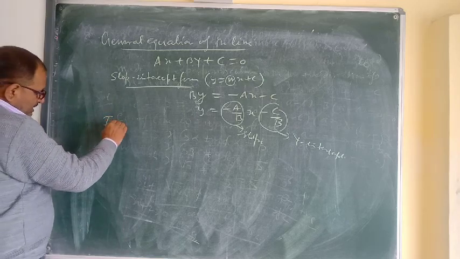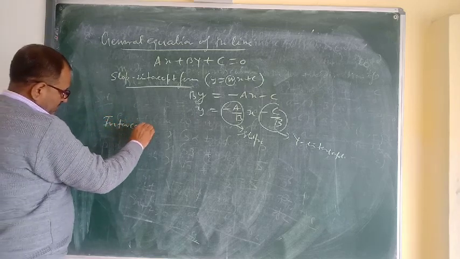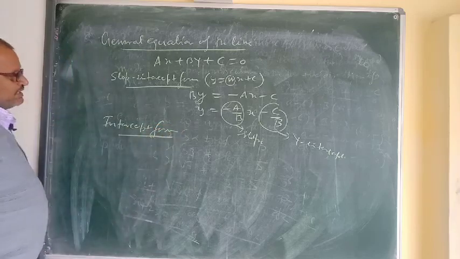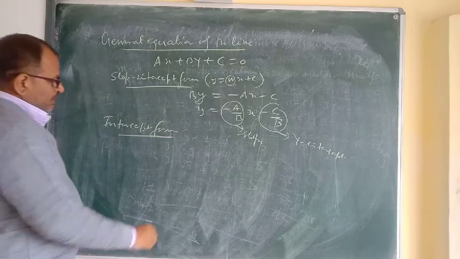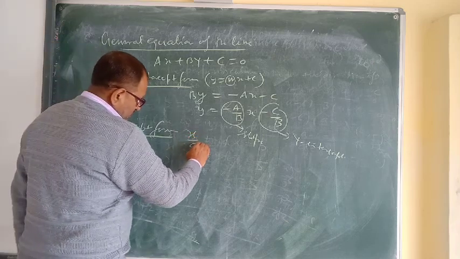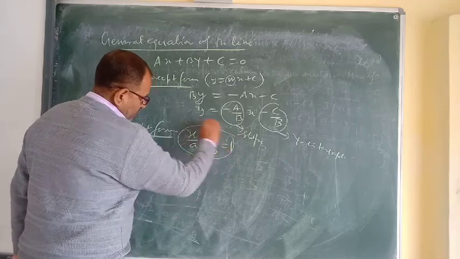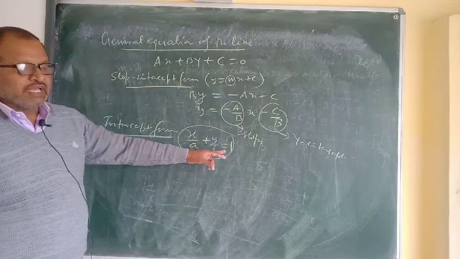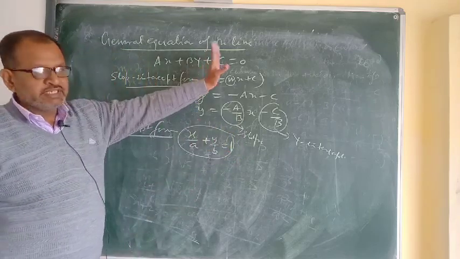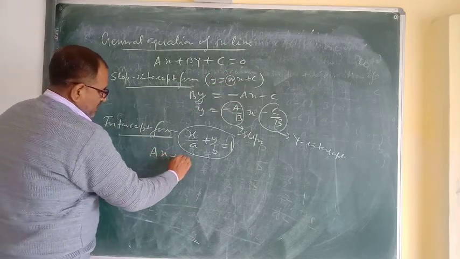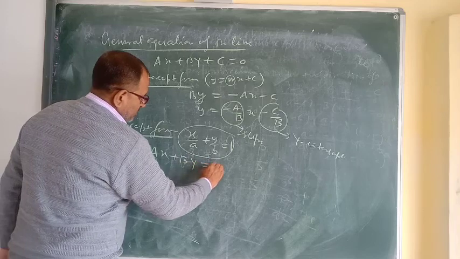And in intercept form, how we can express it in the intercept form? Intercept form is x upon a plus y upon b is equal to 1. So we have to make right side 1. So transpose c right side. ax plus by is equal to minus c.